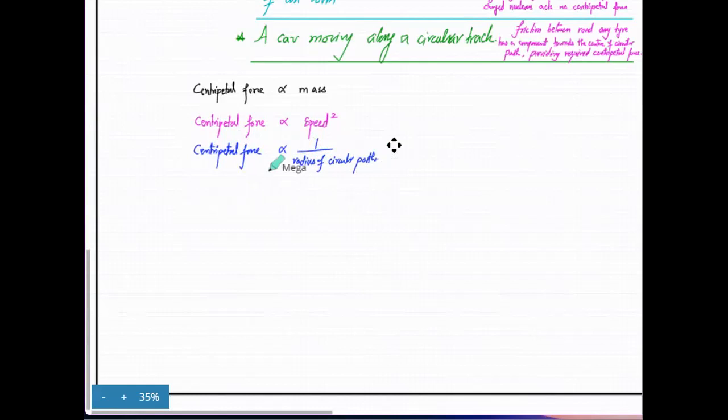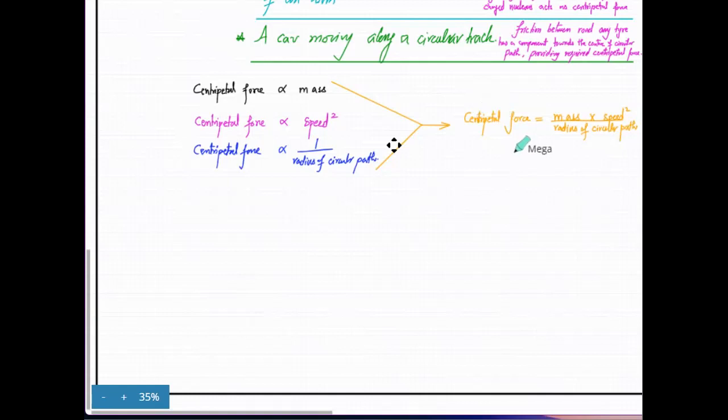So if I merge all of them together, centripetal force equals mass into speed squared over the radius of the circular path.